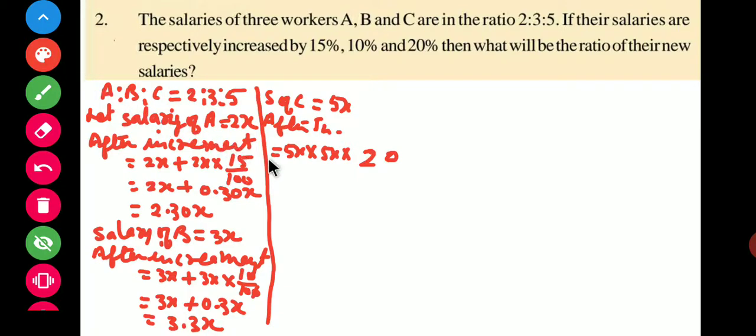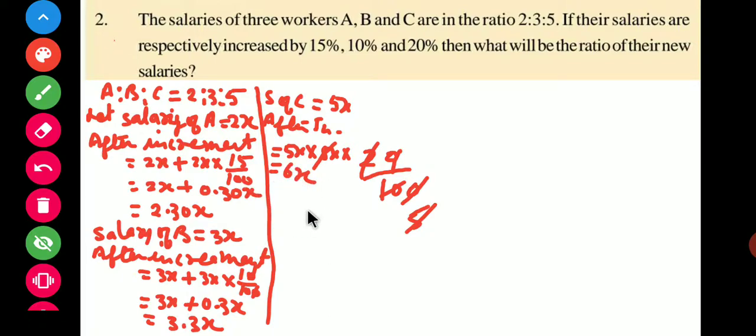So it becomes 20 upon 100, so 0 cancels with 0, and 2 fives are 10, and 5 ones are 5. So 5x plus 1x, that is 6x. So you can write here it is 6x.